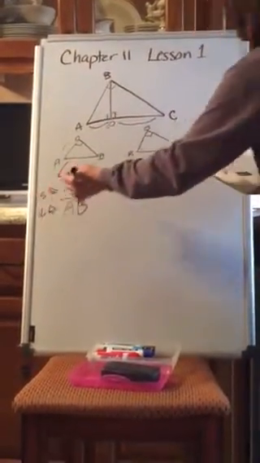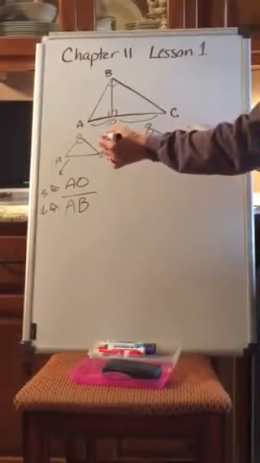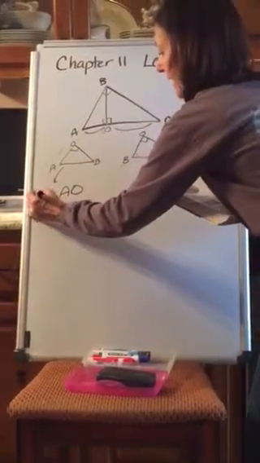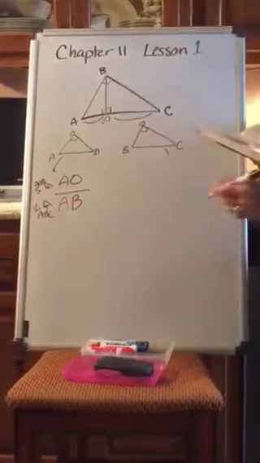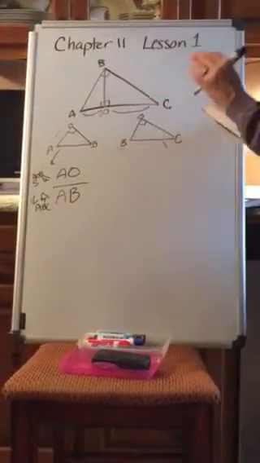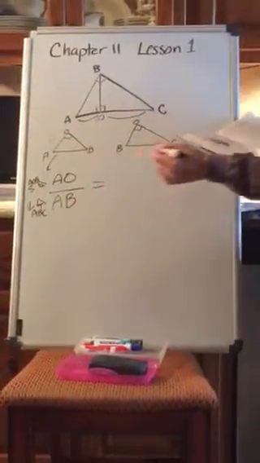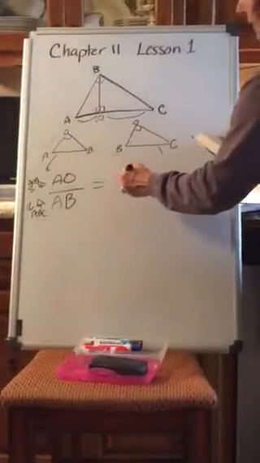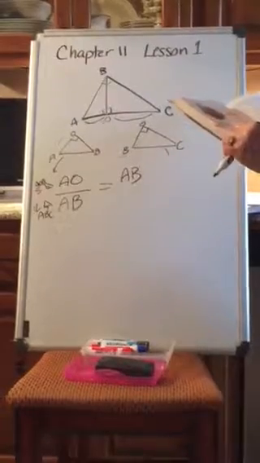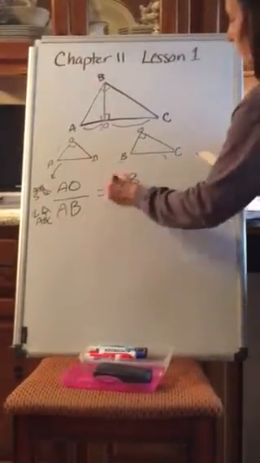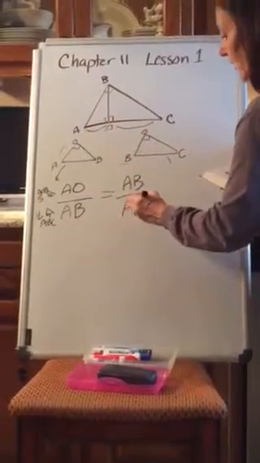So the ratio of the shorter legs is equal to the ratio of AB, the hypotenuse in the smaller one, over AC, the hypotenuse in the larger one.